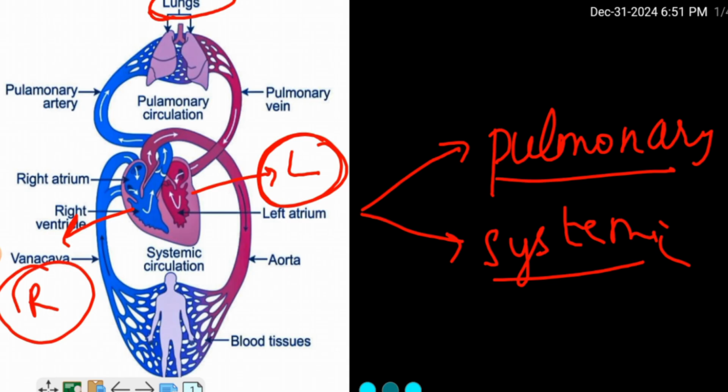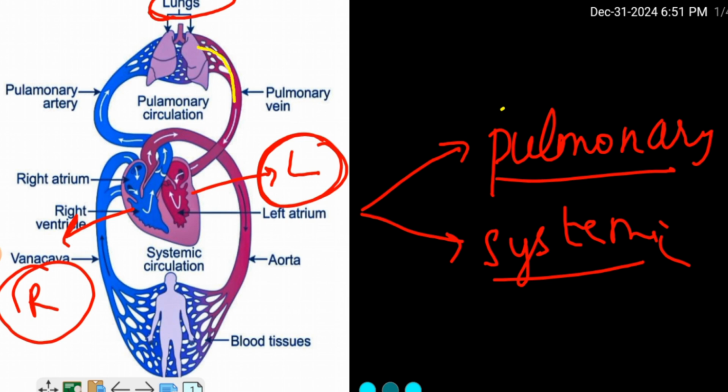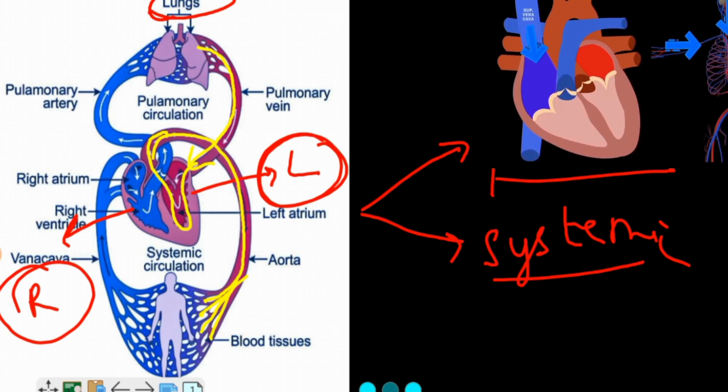Let's say the blood has come from the lungs and enters into the left atrium, goes into the left ventricle, and then through the aorta it is passed to different body parts. So the left side that we see is all dealing with oxygenated blood, which is coming from the lungs, going to the left chambers, and from there to different body parts.